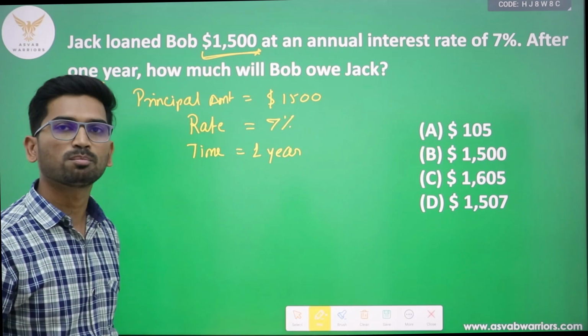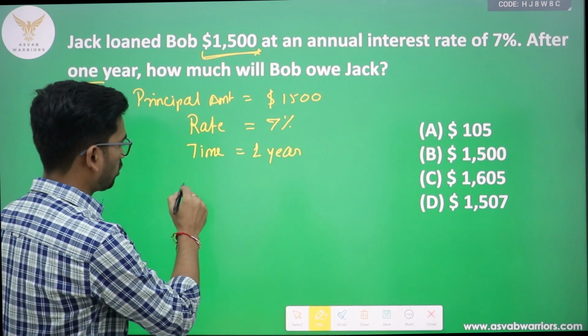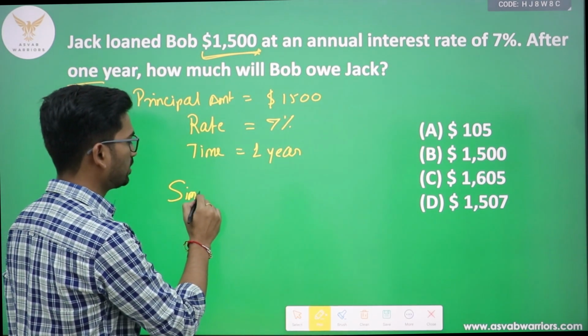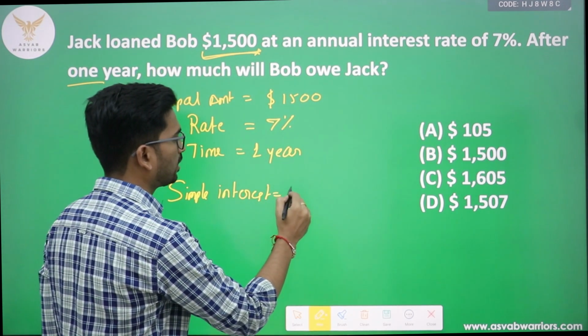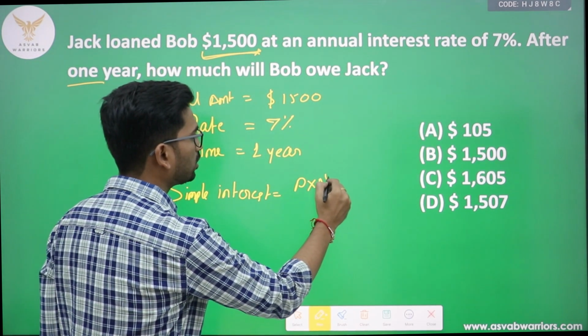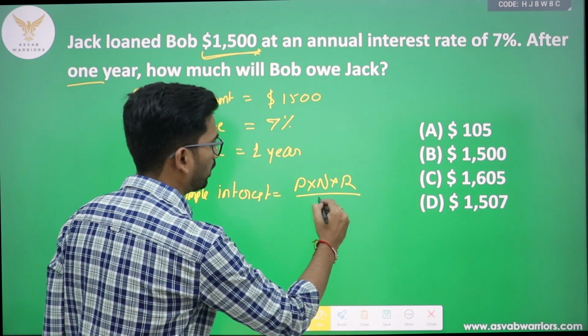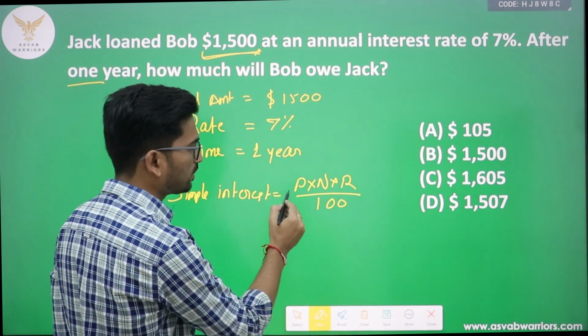What is the formula for simple interest? The formula for simple interest is P into N into R by 100. What is P in this?